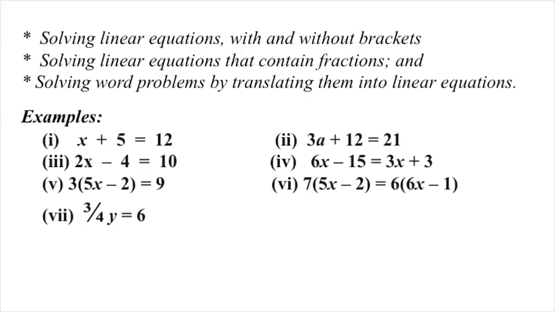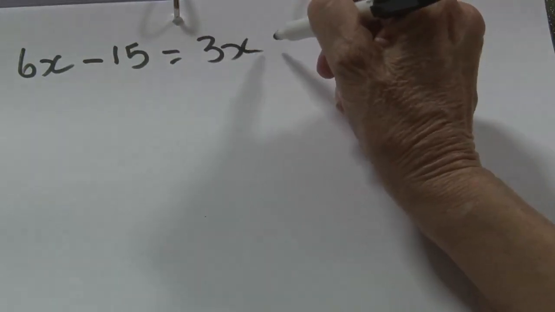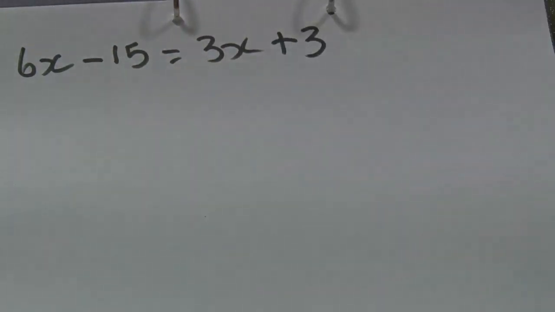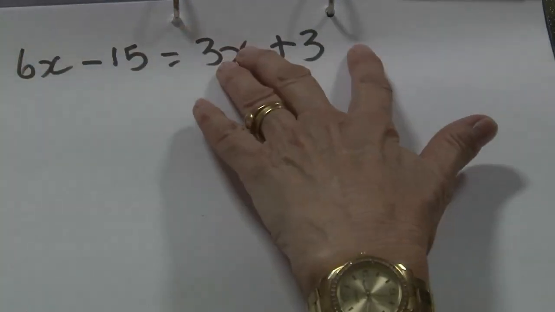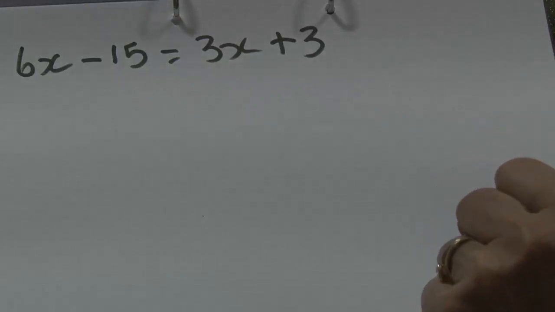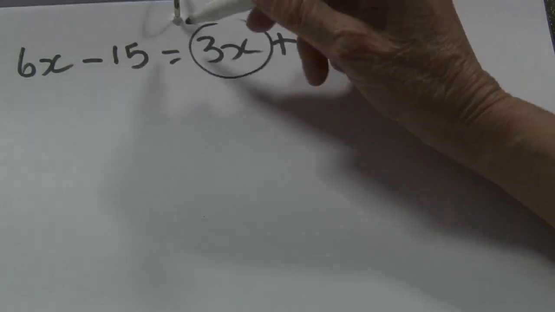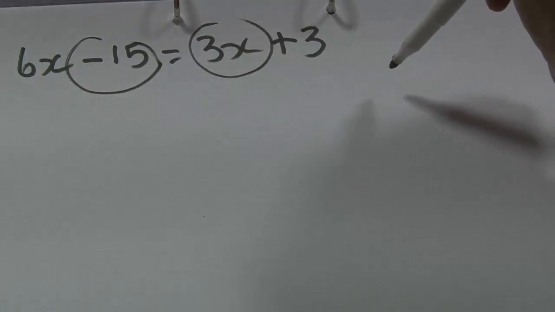The fourth one is 6x minus 15 equals 3x plus 3. Now I have 2. I want to have my unknowns on the left side and my numbers on the right hand side. So this one has to go to that side. This one has to go to that side.